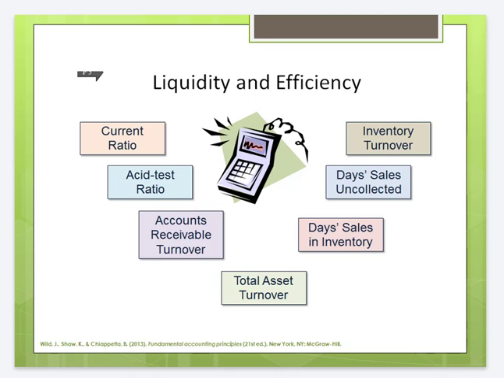For efficiency, we often look at turnover ratios, such as the accounts receivable turnover and the inventory turnover. And from those computations, we can also compute our days sales in inventory and our days sales uncollected, or sometimes this will be called days sales outstanding, or DSO.